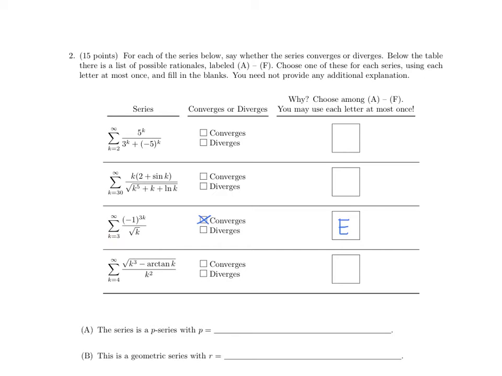Let's tackle that other one that looked like an alternating series. This one. I say this looks like an alternating series because the denominator, plus -5 to the k, is either adding something larger than 3 to the k and positive, or larger than 3 to the k in magnitude and negative, which is turning it negative.